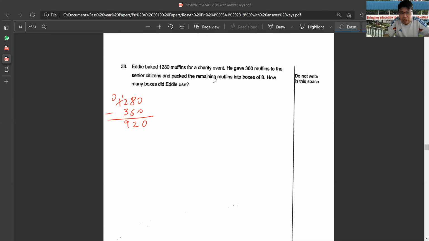So how do you find the number of boxes? What must you do with 920? 920 divided by 8. Yes.